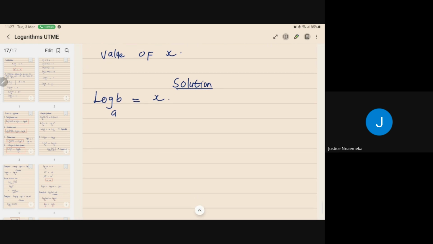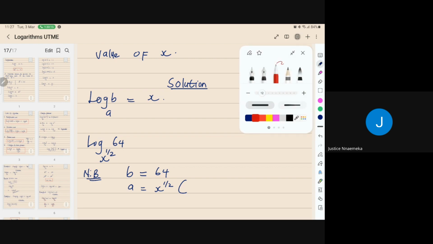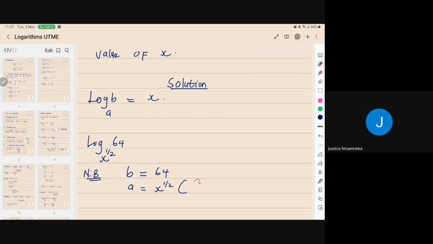So from our problem now, we have log, the base is 1 over 2, then 64. And b. This simply implies that your b is equal to 64, a equal to x 1 over 2 in bracket your base. Are we together? Do you understand what I'm doing at all? If you understand, please, can you give us a thumbs up? So this is the base right here.